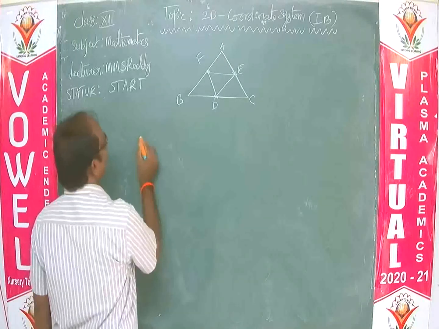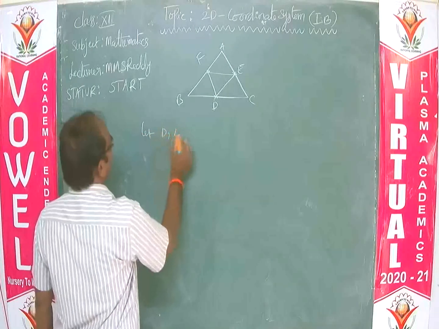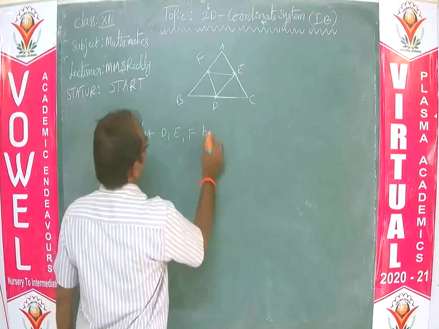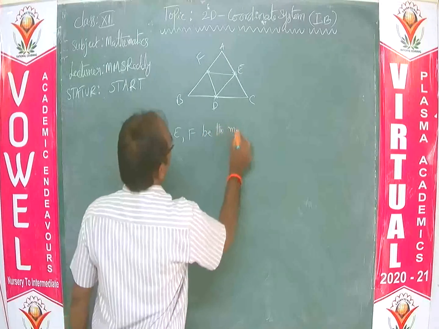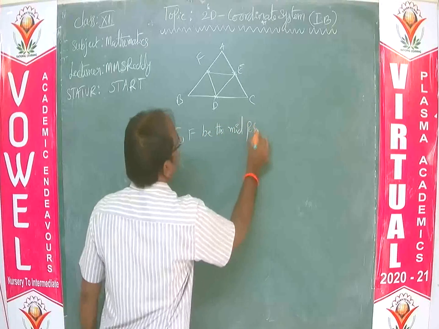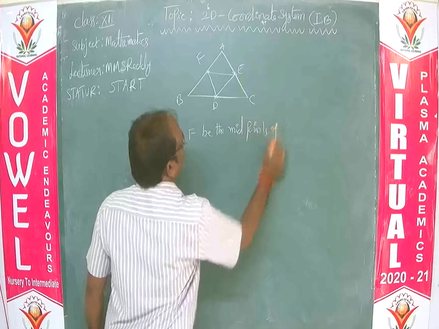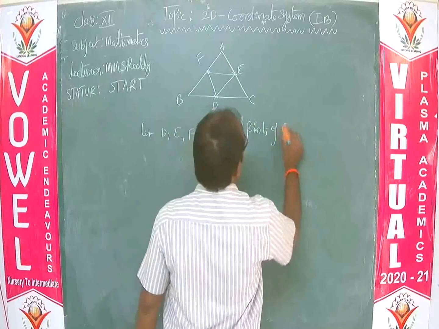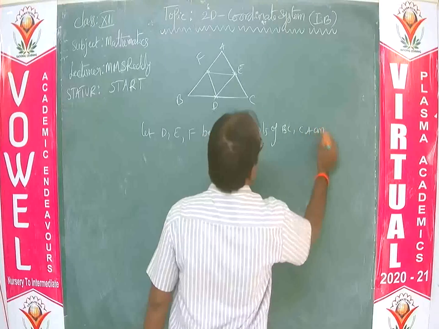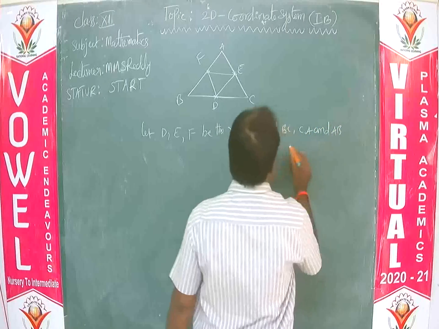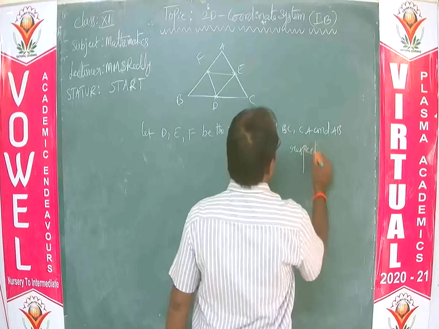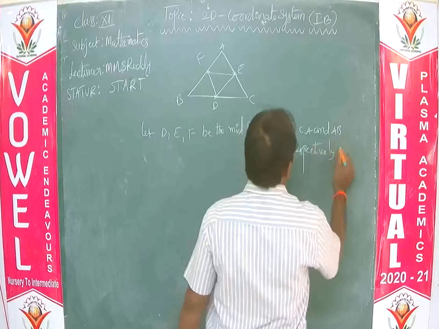That is, let D, E, F be the midpoints of BC, CA and AB respectively.